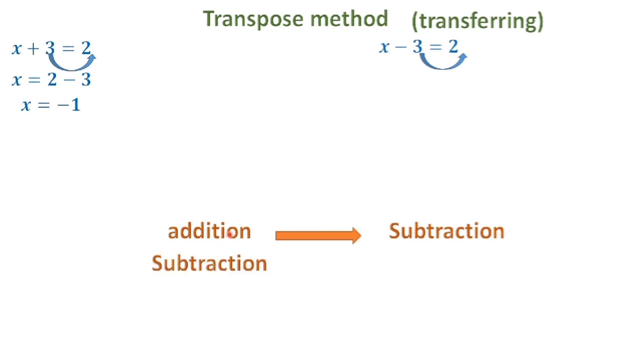See the sign of 3, that is minus, so subtraction changes to addition. When we transpose minus 3 to the right hand side, it becomes x is equal to 2 plus 3. So x is equal to 5. x is equal to 5 is the solution of the equation.